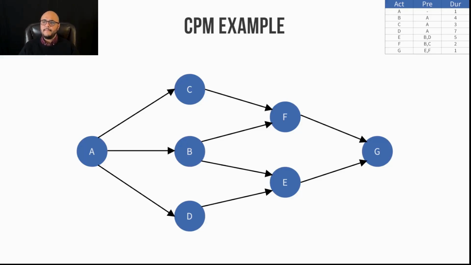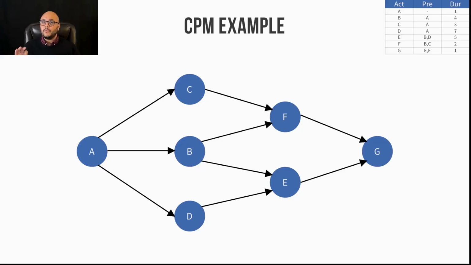Activity A doesn't have a predecessor, right? It's the first activity. Next activity, which is activity B, has a predecessor of A. So all I do is draw an arrow from A to B. C has a predecessor of A as well, and so does D. So I put C at the top, D at the bottom, and I drew arrows to them.